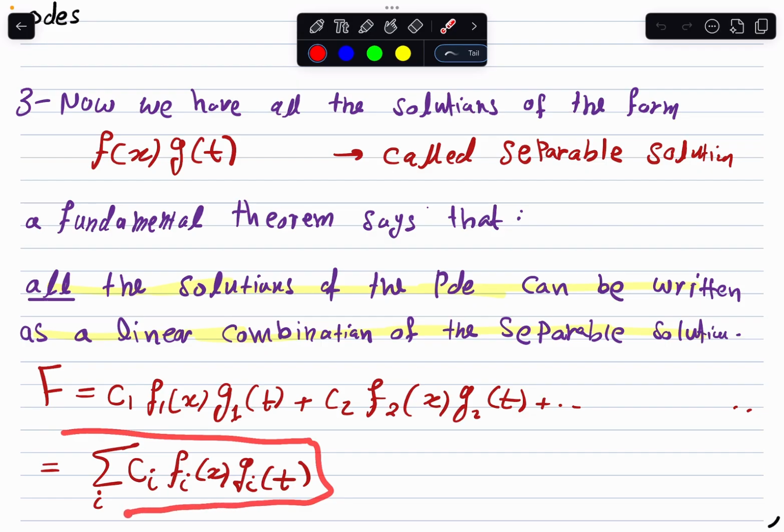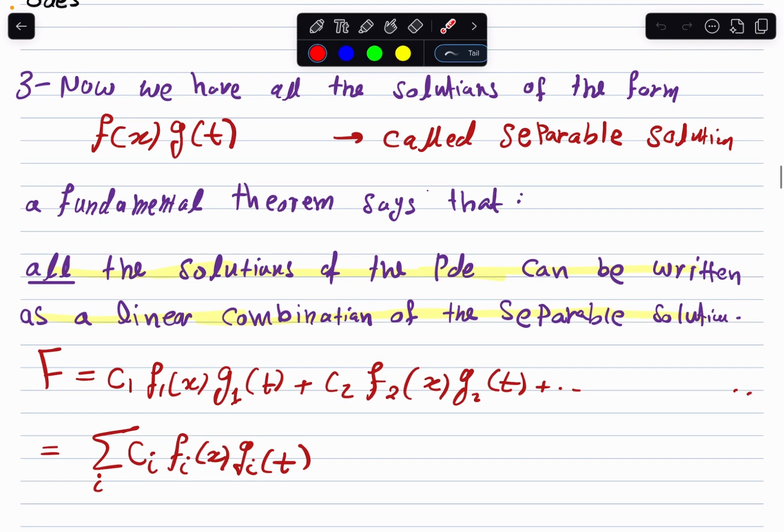So this is the general solution for the PDE. Okay, so this is in a nutshell what the separation of variables method is. Okay, so it's very strong and used a lot. The most famous example is actually the heat equation. Again, search for it. It is an interesting example and it's easy to do.